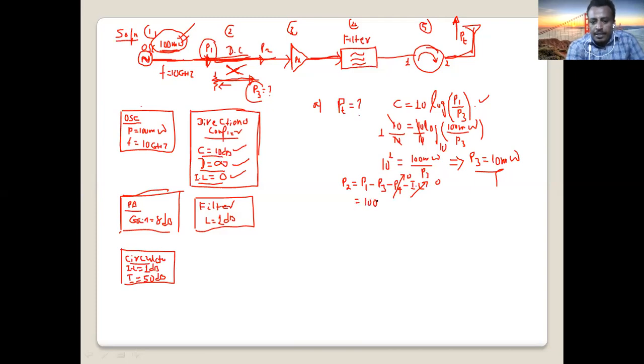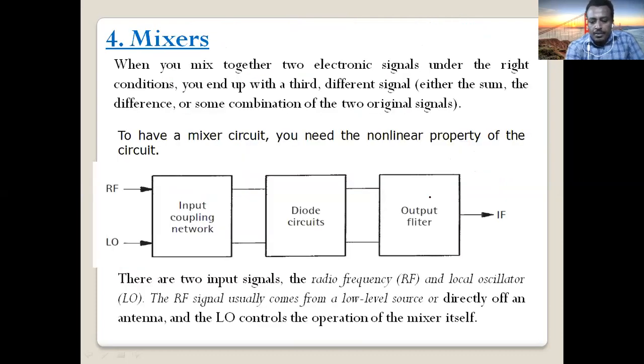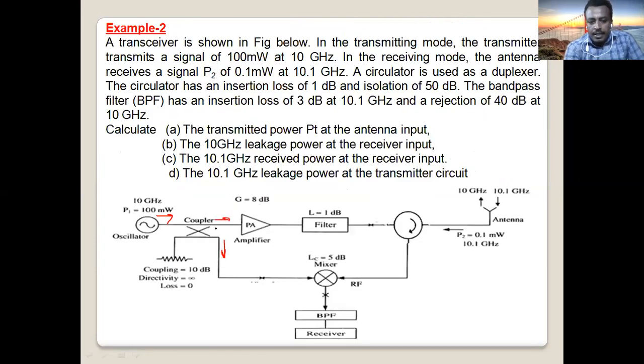P1 is how much? 100 milliwatt input power from our oscillator minus 10 milliwatt, sorry, which goes to port number 3. You can see here this coupler input power is divided into 2. So P2 is transmitted in our transmitter circuit.